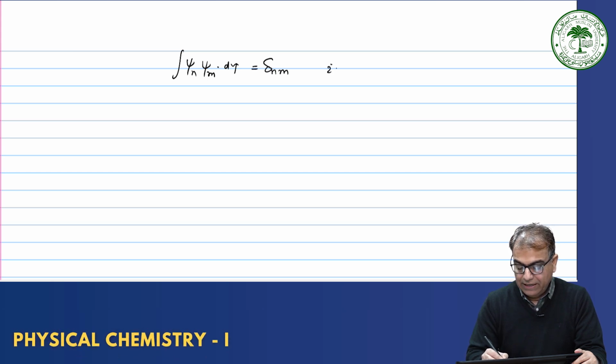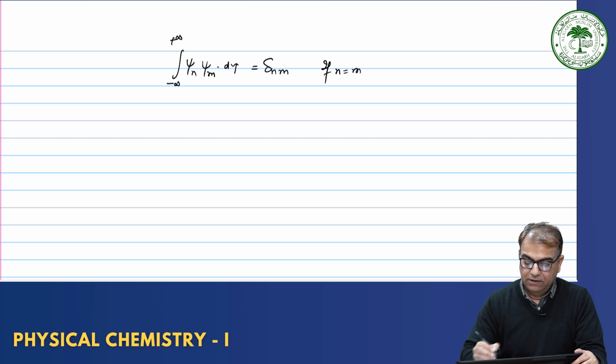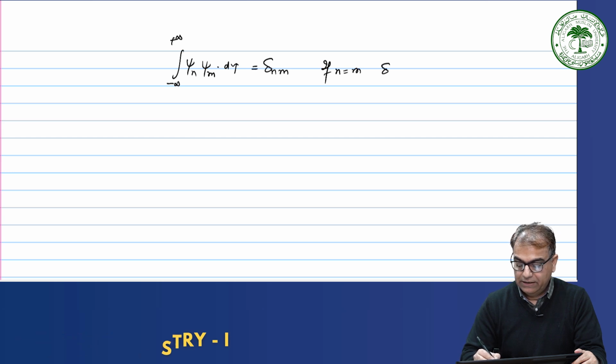If n is equal to m, meaning both are the same function, from minus infinity to plus infinity, then delta nm is equal to 1. And if n is not equal to m, then delta nm is equal to 0.